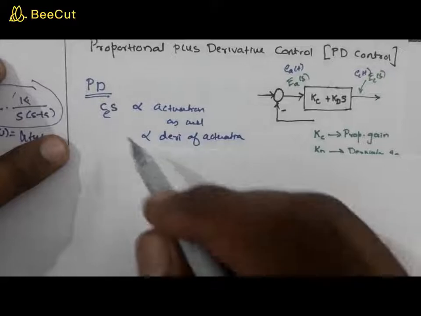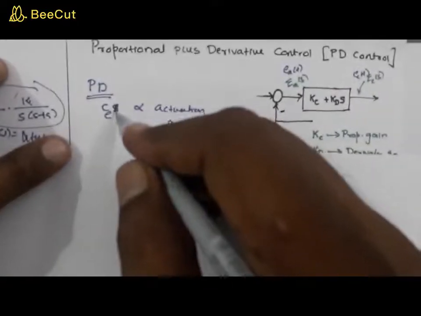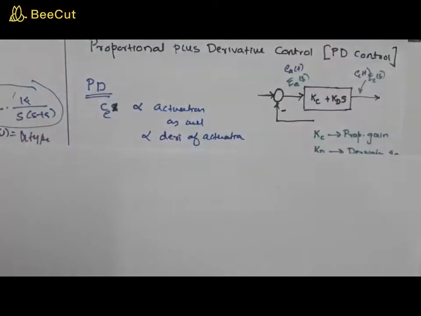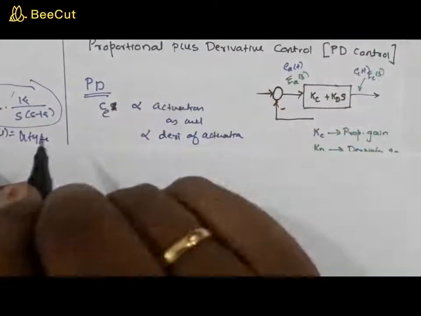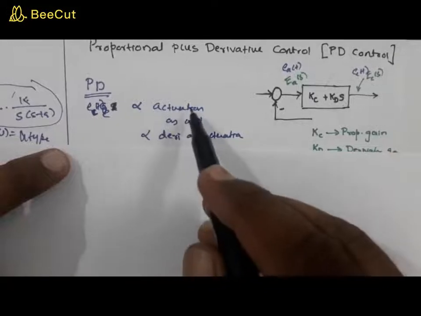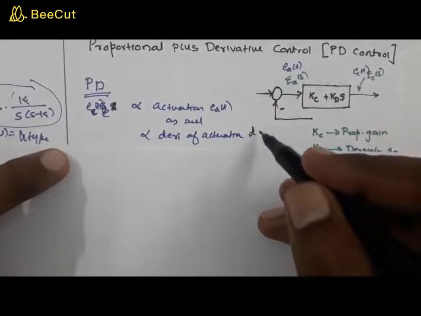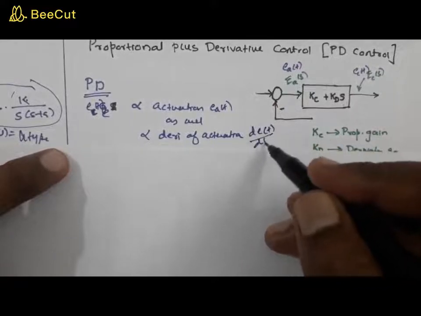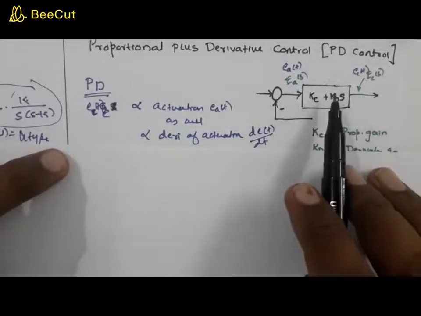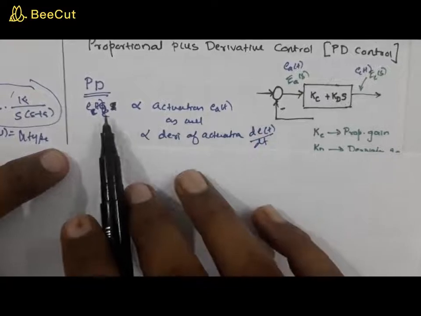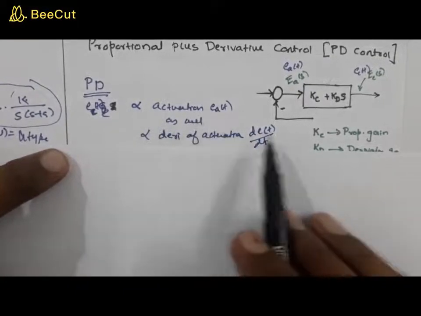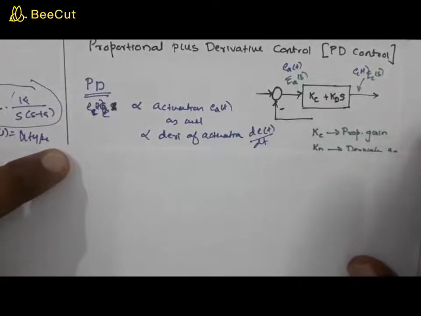The actuating signal is Ea(t), and the control signal Ec(t) is proportional to the actuating signal Ea(t), as well as proportional to the derivative of Ea(t). So this controller provides a control signal proportional to the error signal, as well as proportional to the derivative of that error signal.